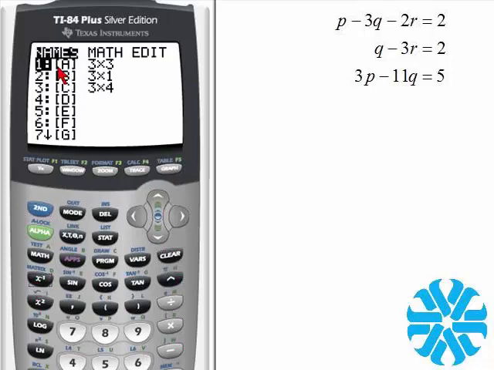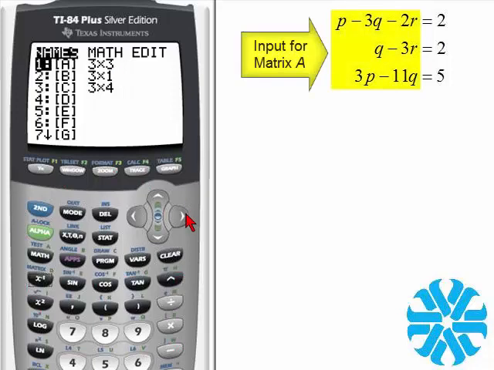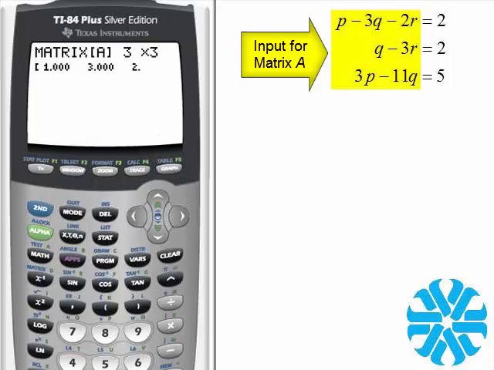So once again, matrix A is a 3 by 3, so let's move over to edit, select enter. Let's move down to edit our cell values.